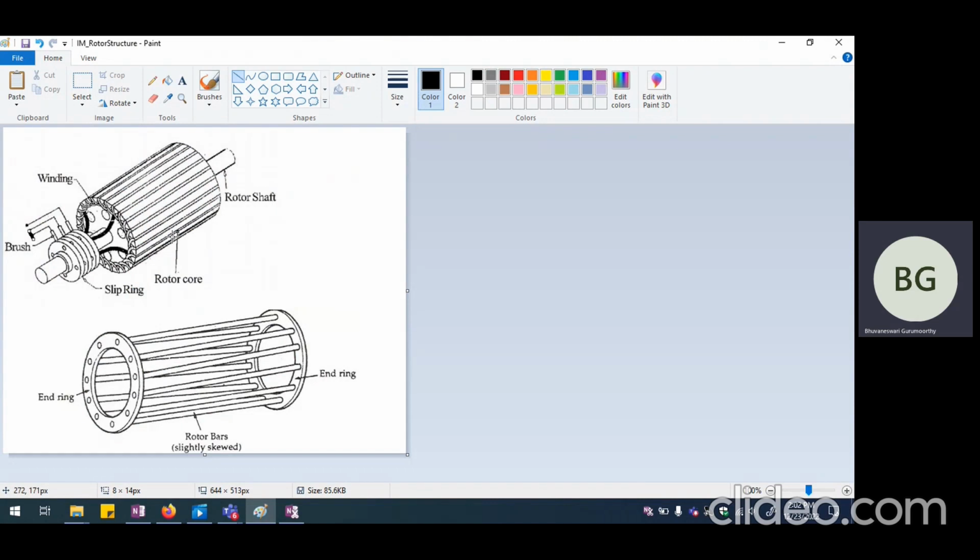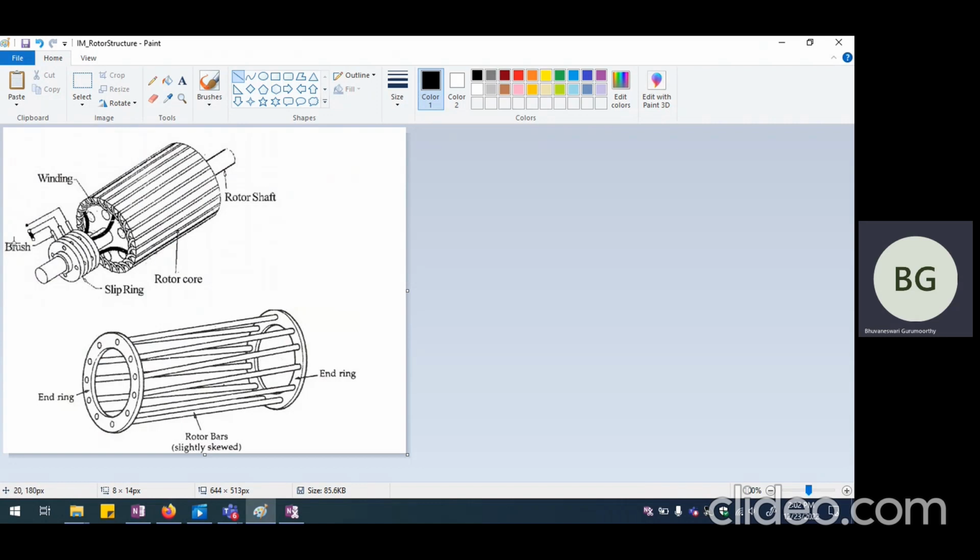If it is a wound rotor, it will basically have three-phase conductors, exactly similar to what we had in the case of the stator. The ends of those conductors are going to be brought to three rings, which are actually on top of the shaft itself. So these are the three-phase rings. From the three-phase rings, we are going to have brushes which make contact with the help of some kind of spring arrangement.